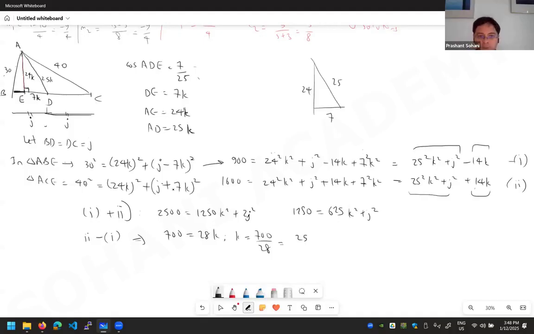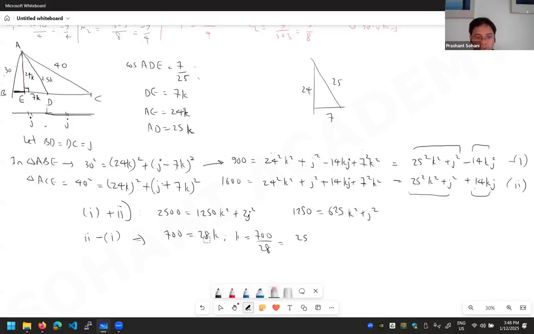Did I make some calculation mistake? Sorry, I made a mistake over here. When I took the middle term, it is 14 into k into j. J is also there, right? Okay.